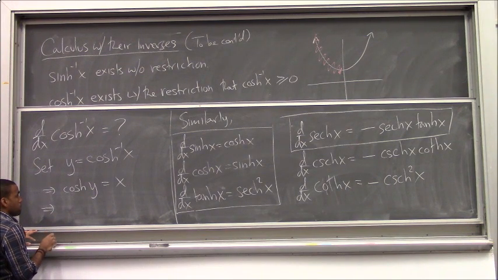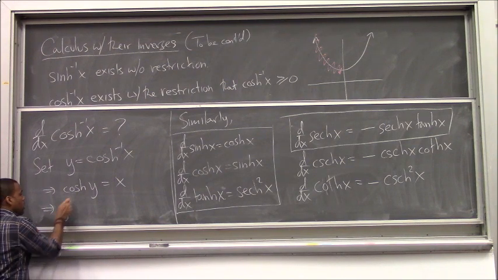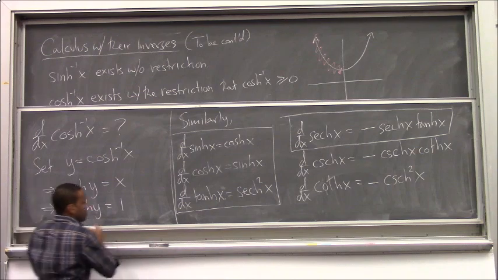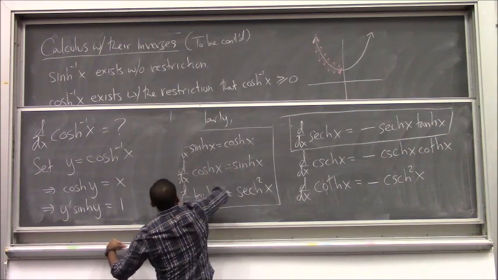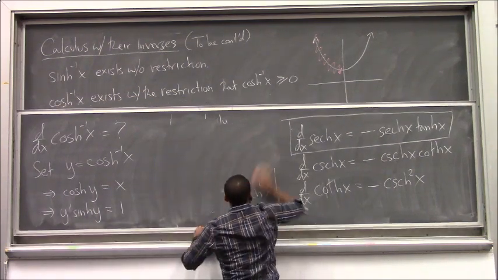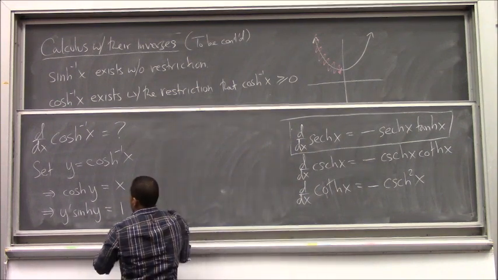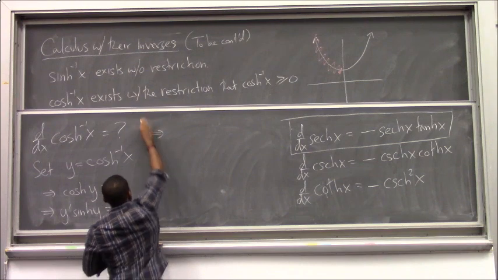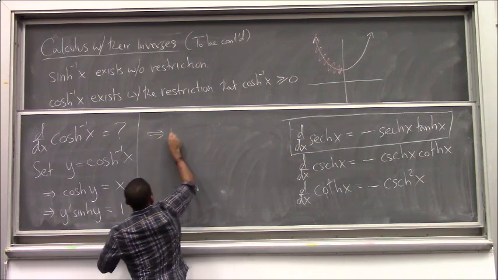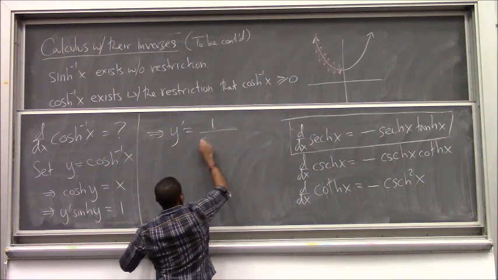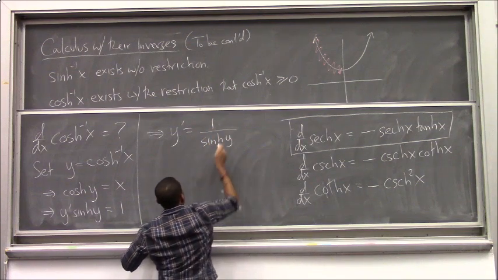Sinh y times y prime equals 1. So this means that your y prime here, the derivative of the guy we want, is actually 1 over sinh y.